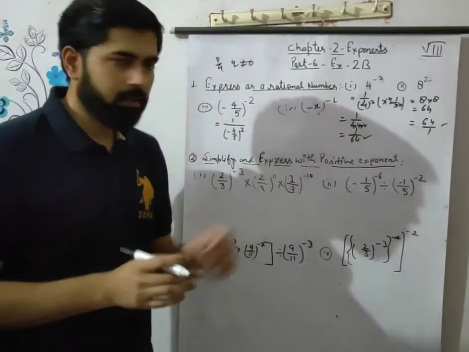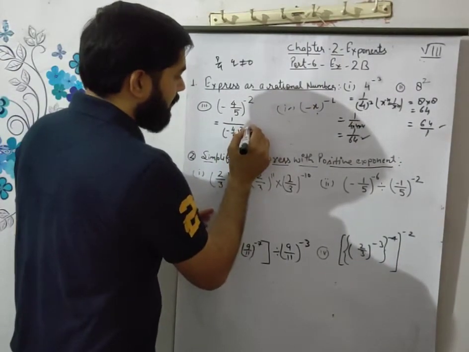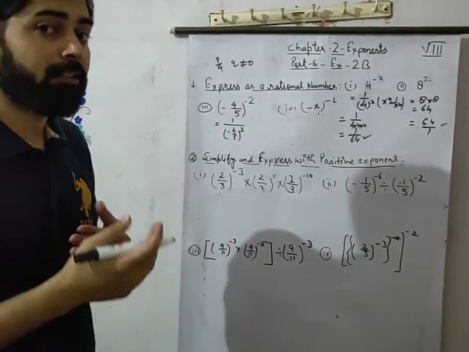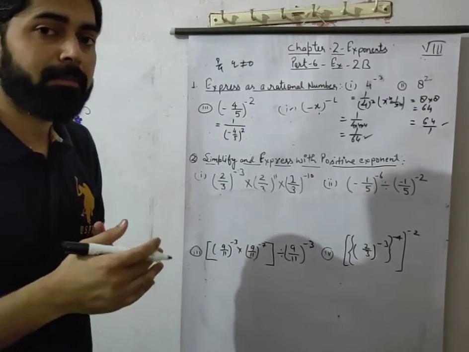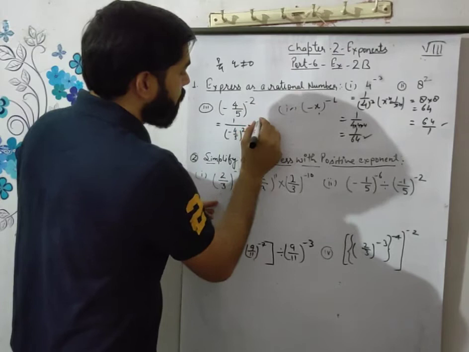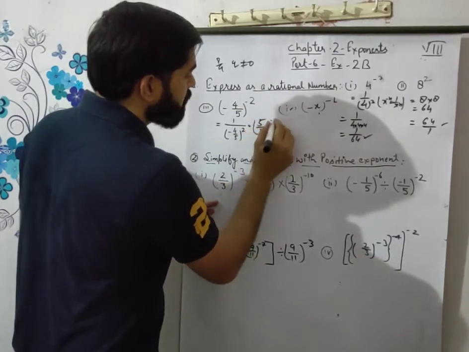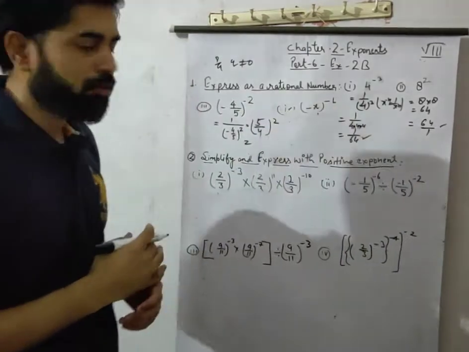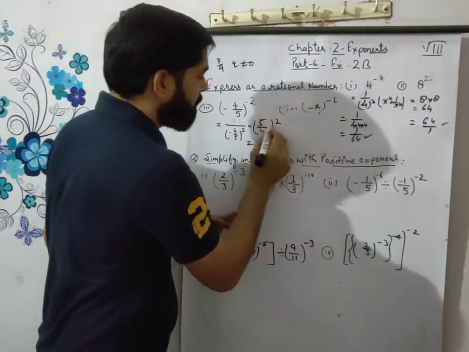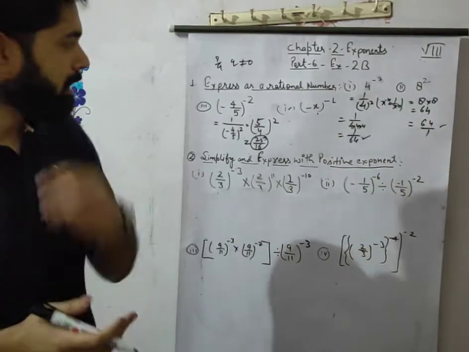This is the same as 5 upon 4 raised to the power 2. The answer will be 5 fives are 25, 4 fours are 16, so 25 upon 16.